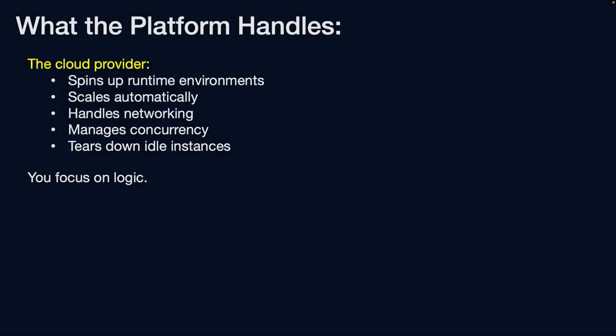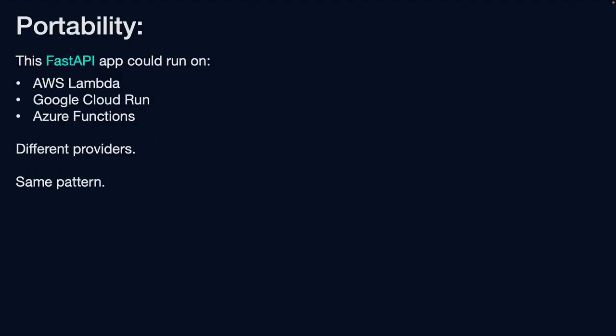The platform spins up runtime environments, it scales automatically, it handles networking, and manages concurrency. You write application logic. It runs when requested. That's the pattern. This same FastAPI app could run on AWS, Google Cloud, and even Azure Functions. Tools change, architecture principles don't.